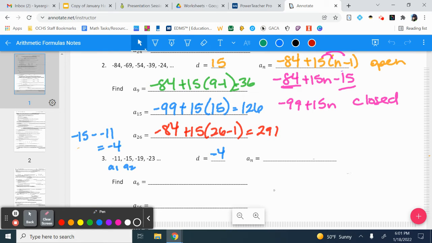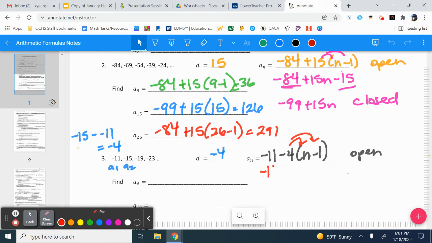So as I set it up, I want to find the open form. My first term is negative 11. My common difference this time is going to be negative 4. Because I want the open formula, I'm leaving the n in the problem. Now remember, to close this, I'm still going to distribute the negative 4.